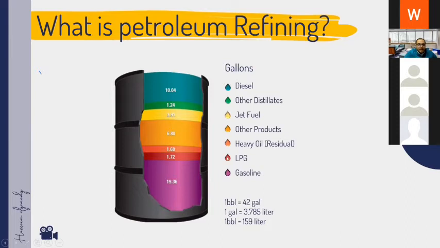Other products like fuel oil, asphalt, and coke are around 7 gallons, and there is heavy oil, LPG, and jet fuel. Jet fuel is around 4 gallons of each 42 gallons.